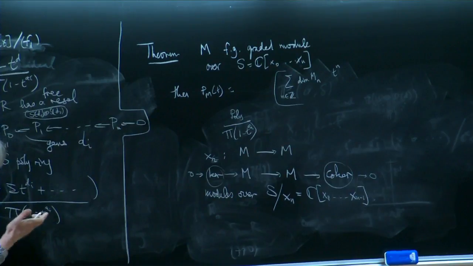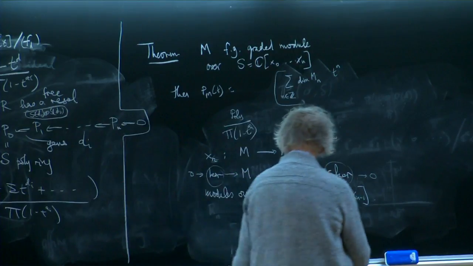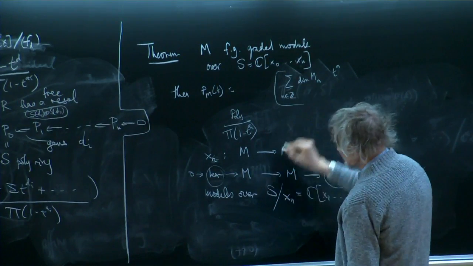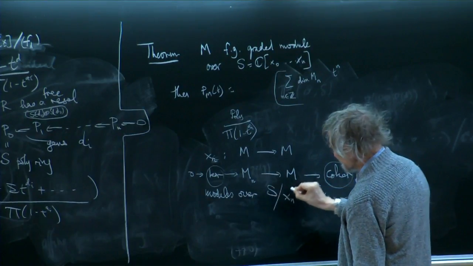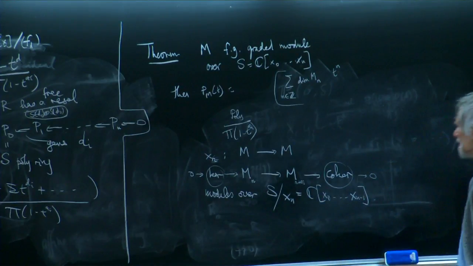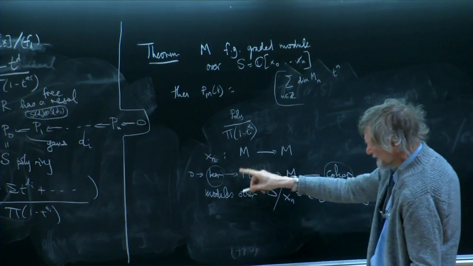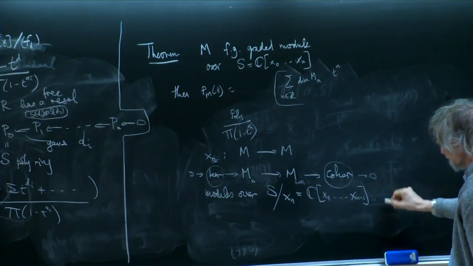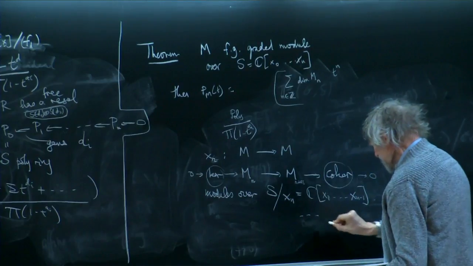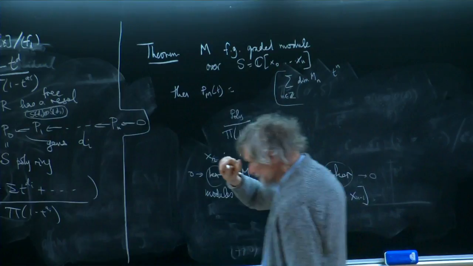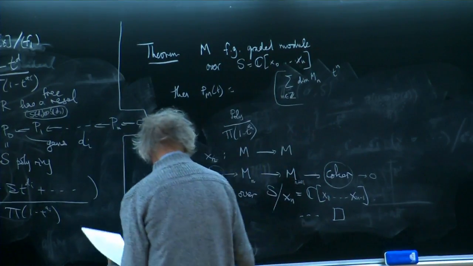By induction on the number of generators, we can assume the result is true for these. In every degree, this takes P_n to P_{n+a_i}, so we add up these terms and subtract off these terms, and we get the end of the proof. So this is a very general statement.